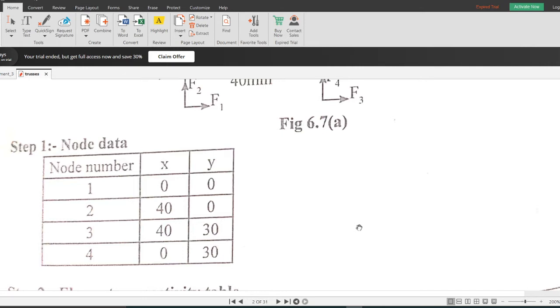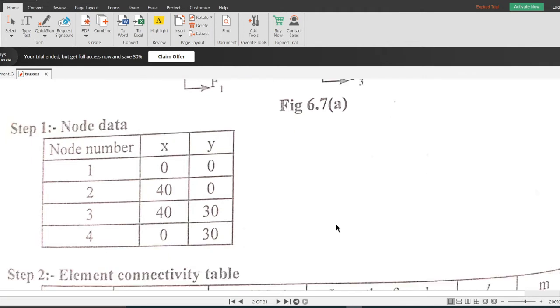Let me know what is the LE1 value. How much LE1?